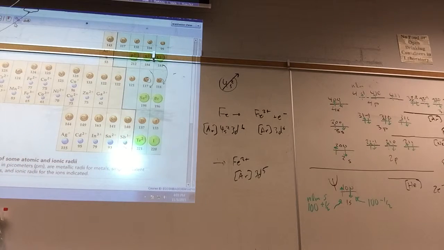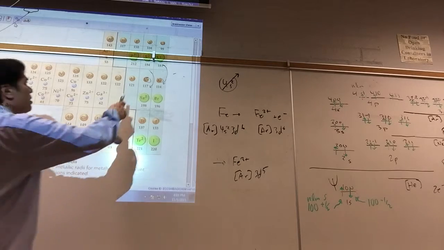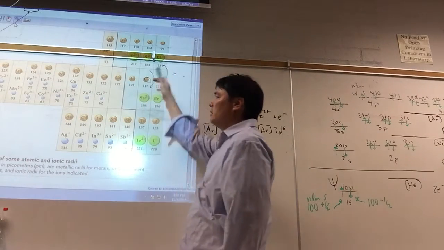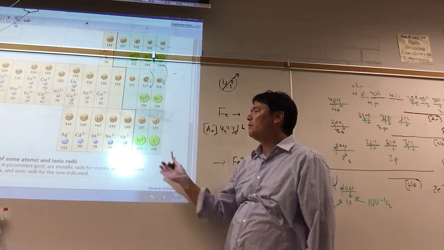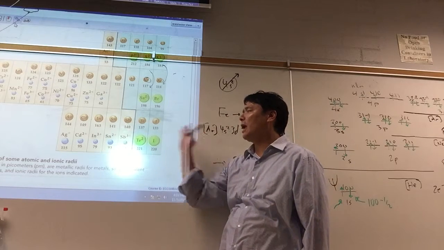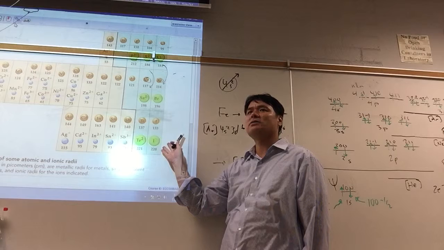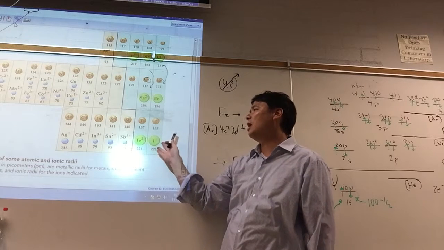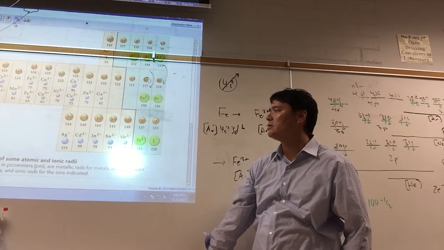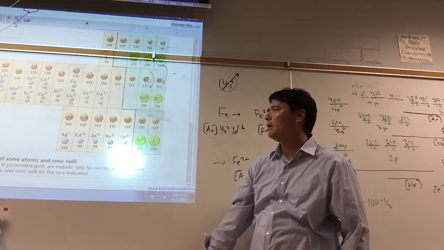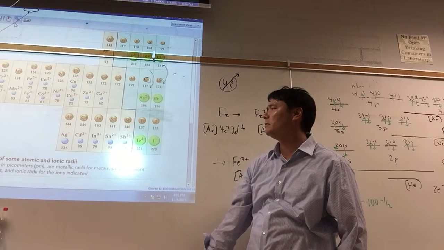And so the general trend here is that when we look at all the cations, the biggest cation is about comparable to the smallest anion. And so, with a few exceptions, what we can say is that cations are smaller than anions. Now, that's not a law, since there are a number of exceptions, but just a general rule. Cations are smaller than anions.